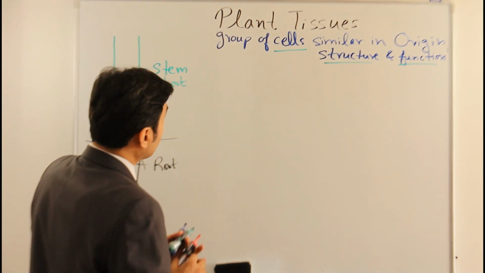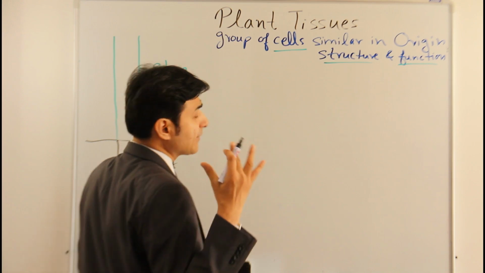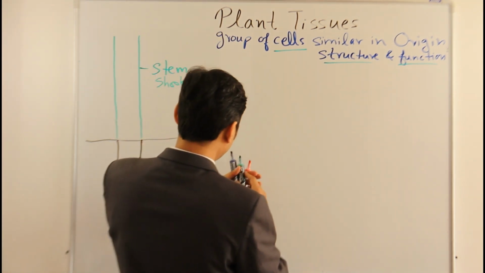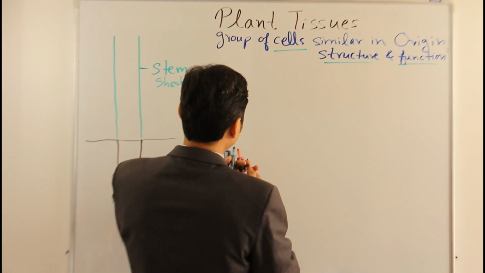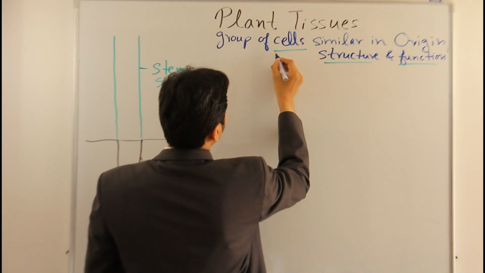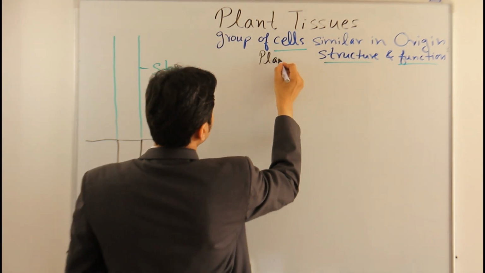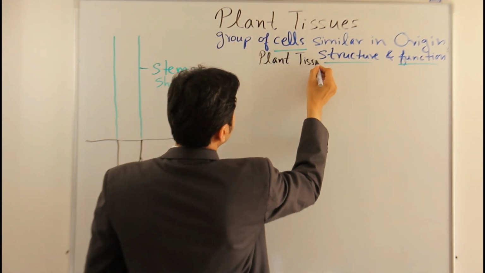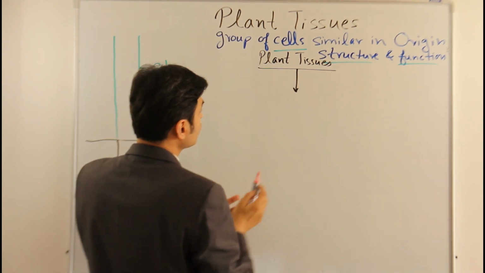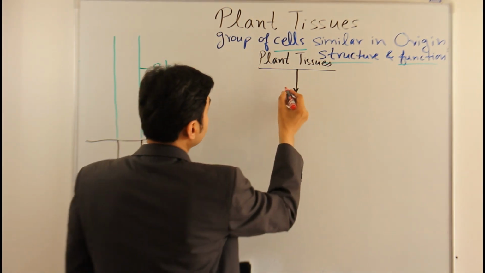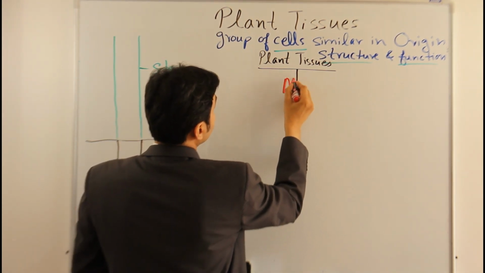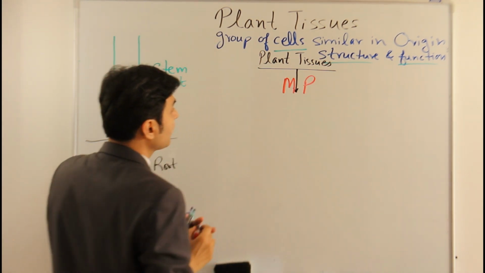So now, plant tissues. Next time when you think about plant tissues, you just think about these two words. Let me write here: plant tissues are of two types, and remember these two types by this word, MP.